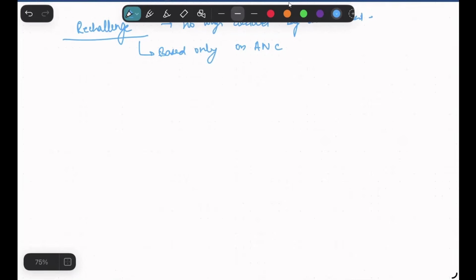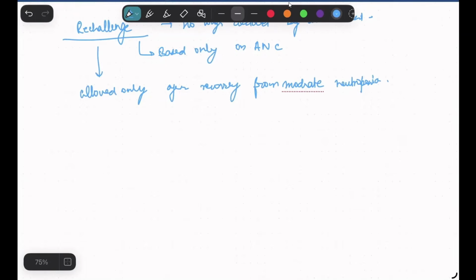Re-challenge is allowed only after recovery from moderate neutropenia, which means it should be allowed only after the absolute neutrophil count is greater than 1000 per millimeter cube. What is moderate neutropenia? It is 500 to 999 per millimeter cube.